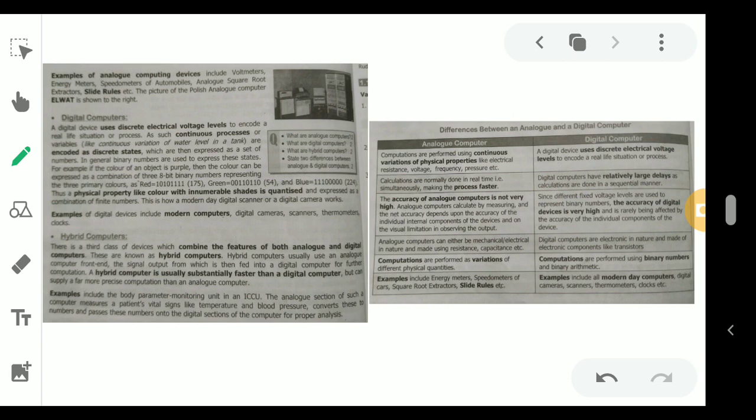Now the third point: the accuracy of an analog computer is not very high. Analog computers calculate by measuring, and the net accuracy depends upon the accuracy of the individual internal components of the device and on the visual limitation in observing the output. If any component is not appropriate, it will not give you an appropriate value.